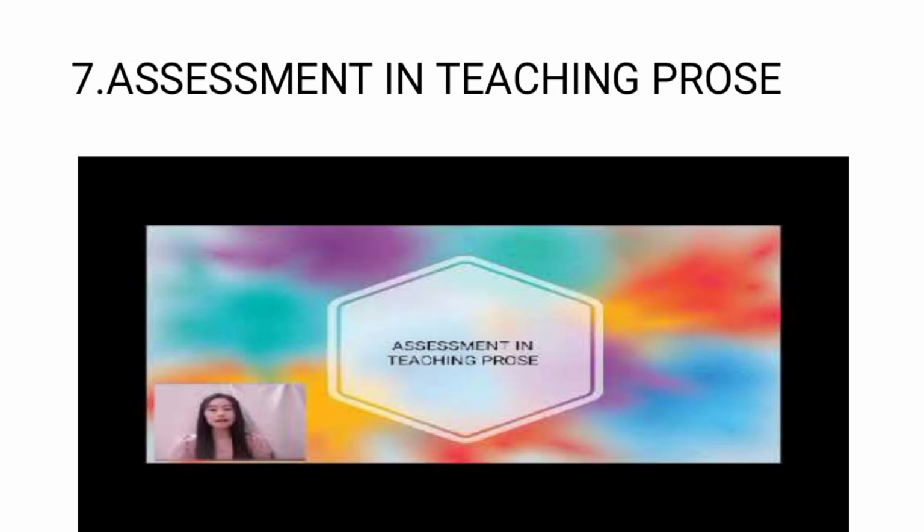Assessment in teaching prose has the same process: analyzing, interpreting, and collecting information for the students to understand, and it is a distinguished medium of instruction for languages. As the previous reporter discussed, prose is meant for learning the language, because prose also considers the grammar structure, the grammar correctness, and the grammar rules of a certain language.